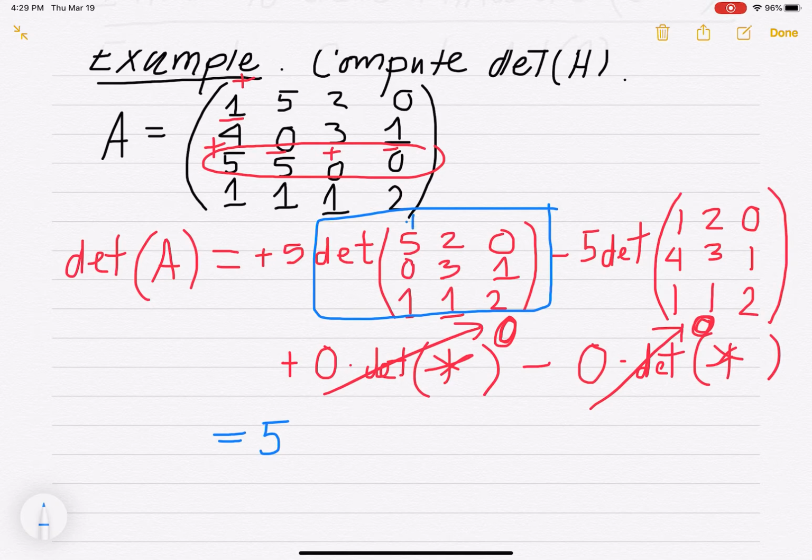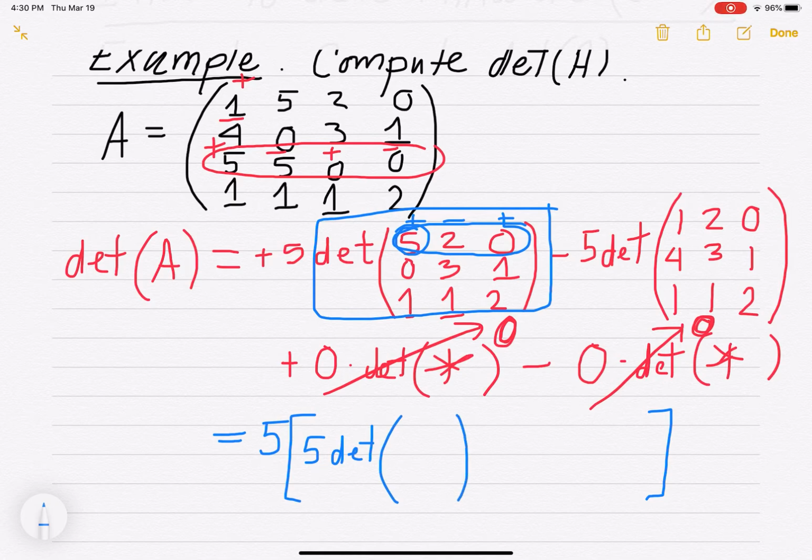I'm going to do plus, minus, plus with regard to the first row signs. So I'm going to take the first entry in that row, 5, times the determinant of the submatrix.